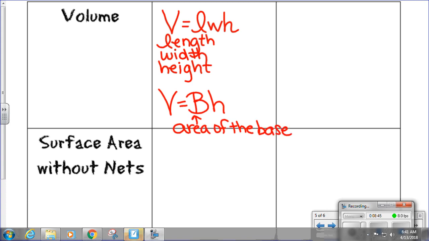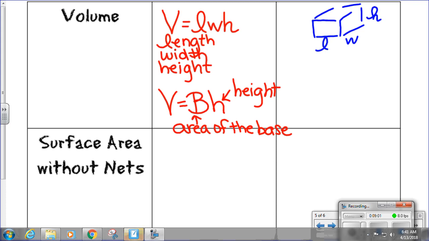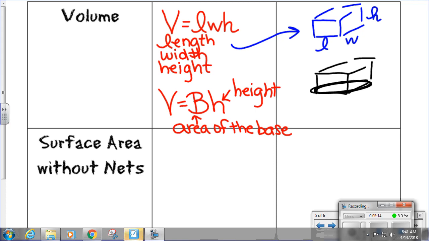And I will show you a picture of that. And then H still represents height. So volume deals with three-dimensional shapes. Here's my length, my width, and my height for this formula. And for the next formula, you're actually given the area of the base, and you just have to multiply it by the height.